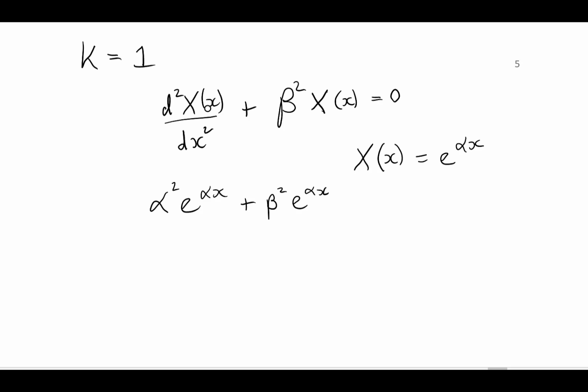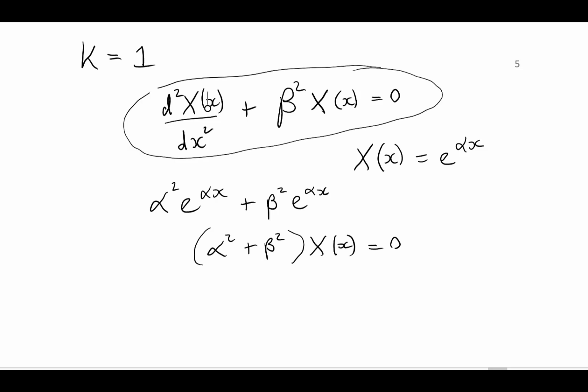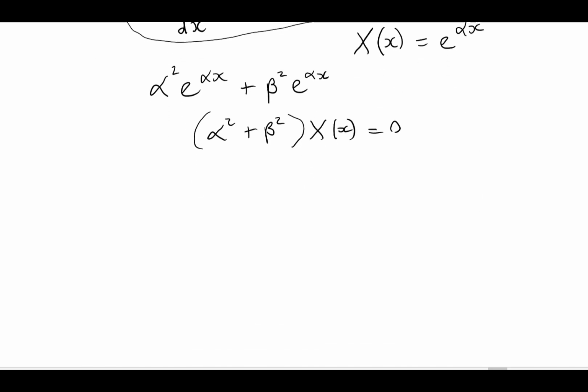This now means that we have alpha squared plus beta squared times x is equal to 0. Okay, that's what our original equation is saying in here. Another way of putting this is that this expression is equal to 0, and therefore alpha is not equal to plus or minus i, but it's actually equal to plus or minus i beta.